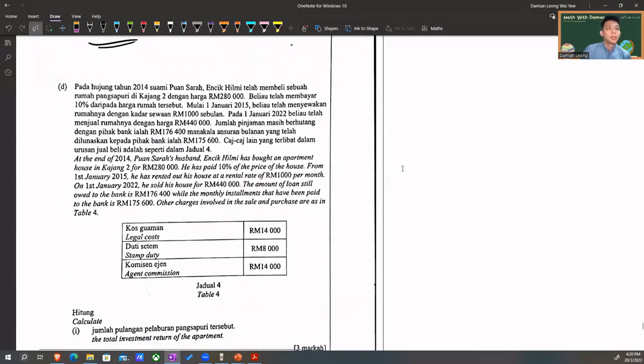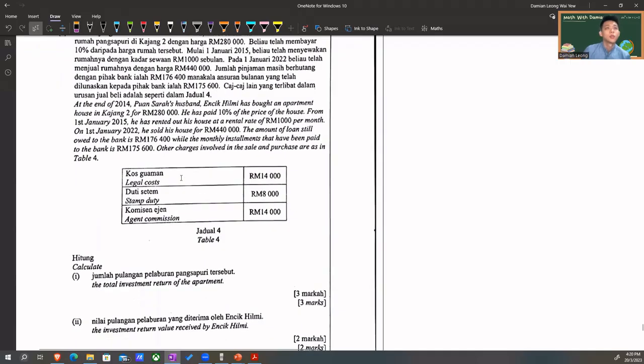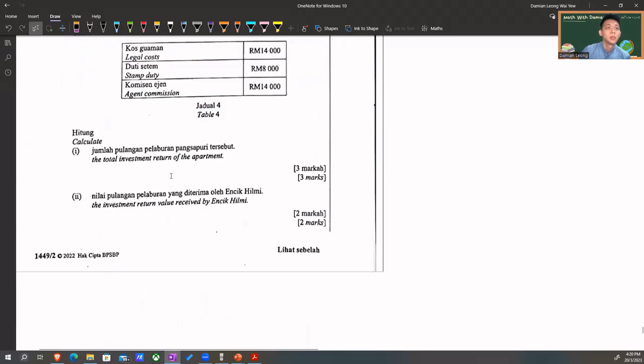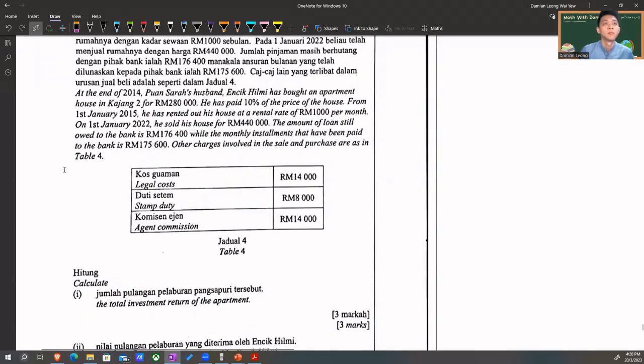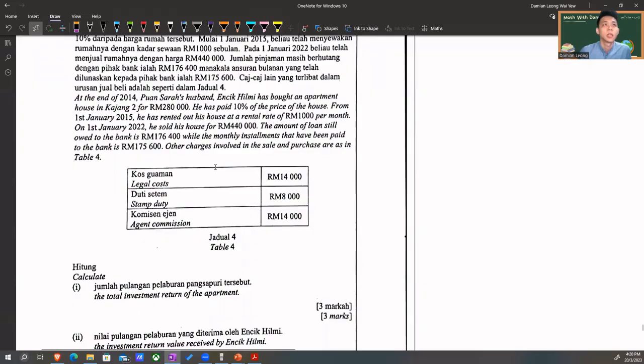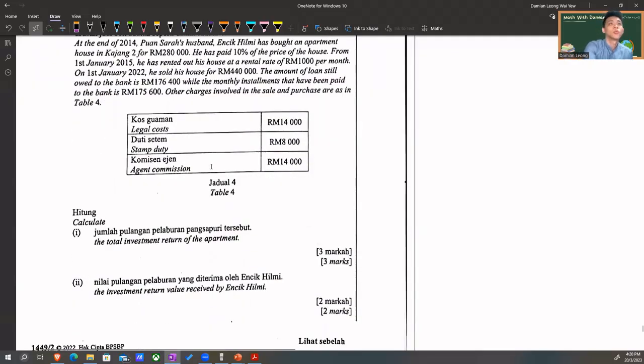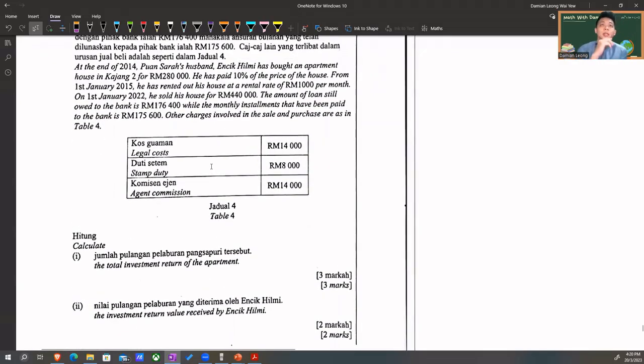And for part D, at the end of 2014, Sarah's husband bought an apartment house in Kajang for 280,000 ringgit. 10% of the price of the house is paid. From January 1st, 2015, he rented out his house at a rental rate of 1,000 ringgit per month.